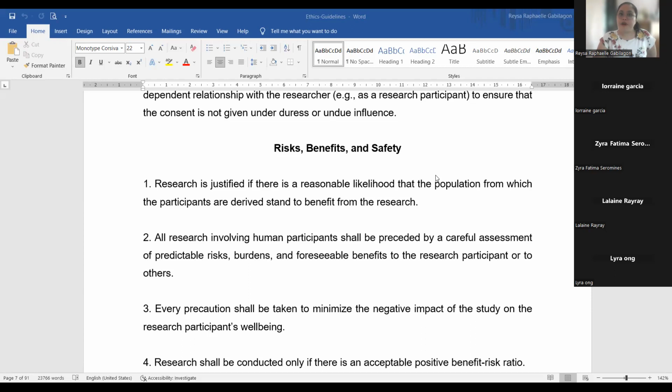But in your paper, you have to include what risk will the participants possibly have, or kung merong benefit, ilagay nyo din siya. For example, merong monetary benefit or benefit in kind, hindi siya monetary talaga, na you will promise the participants na ibibigay nyo, you have to include that one in your paper.